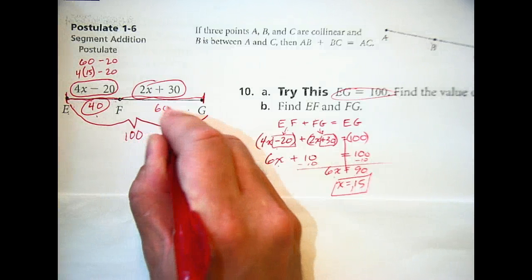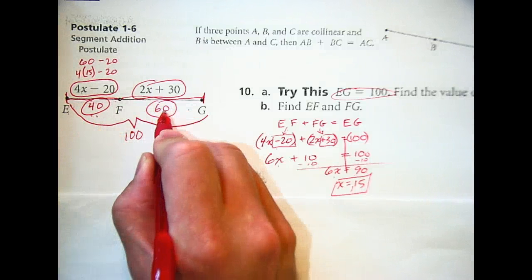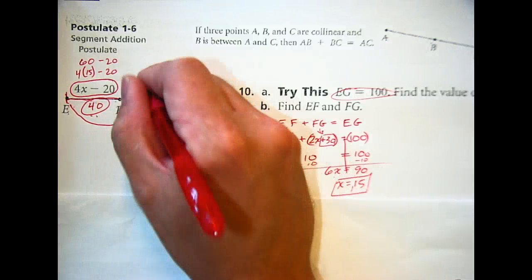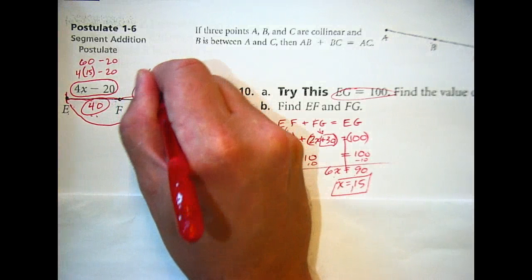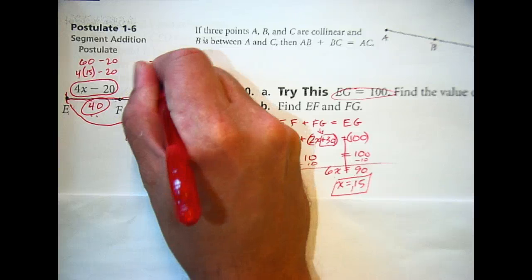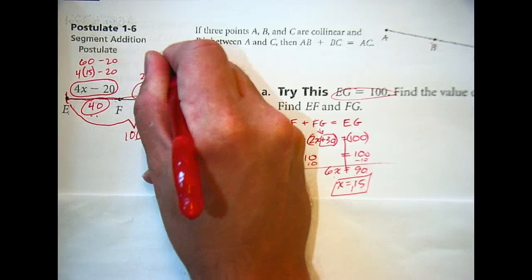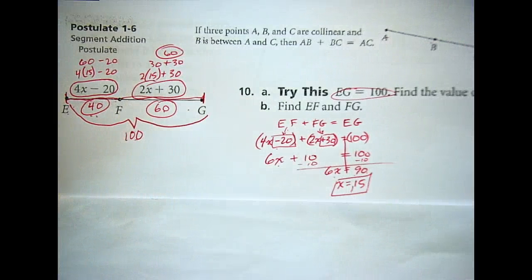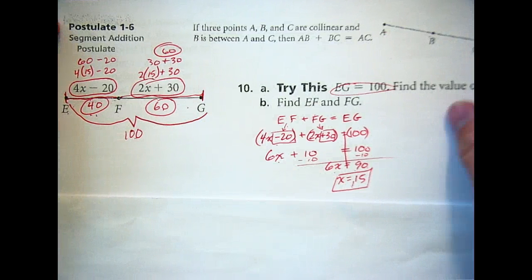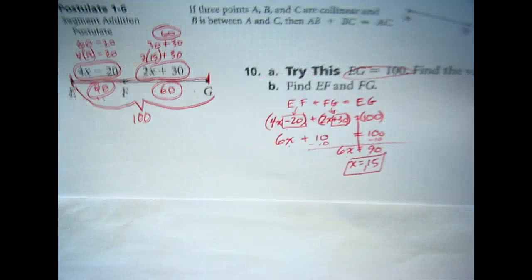Better be 60. Now, that's because 40 plus 60 make 100. Now, if I put 15 in there, I better get 60, which I do. I get 30 plus 30, or 60. Woohoo! Any questions there?